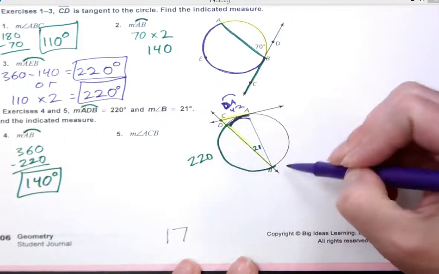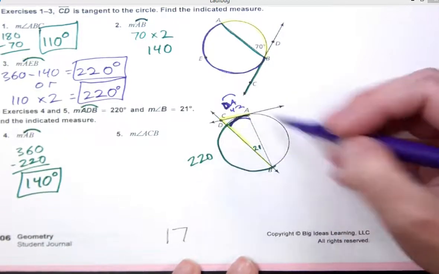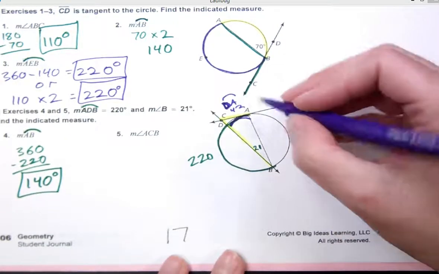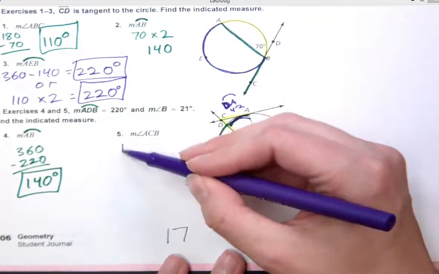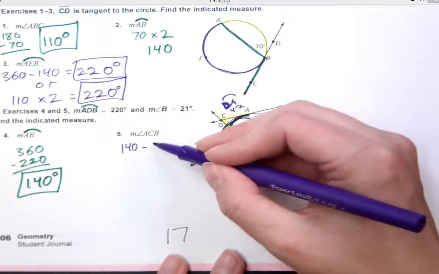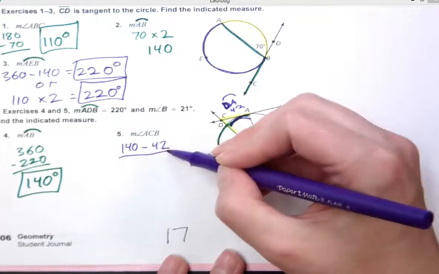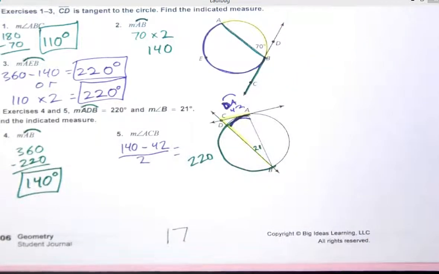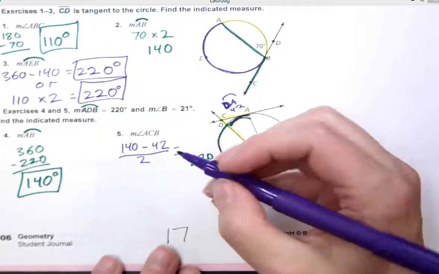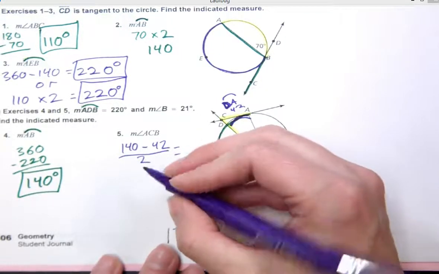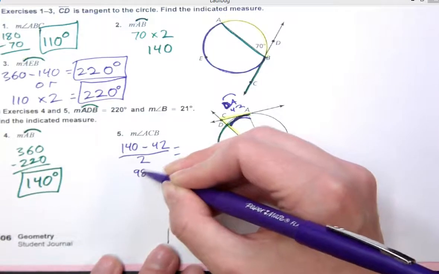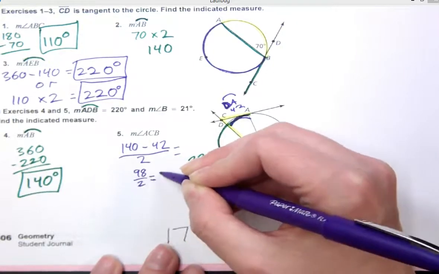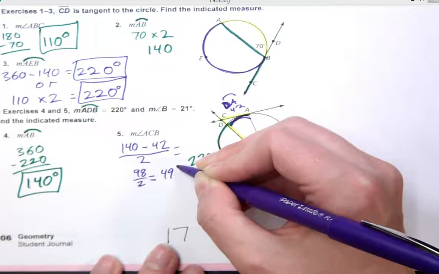If this whole thing is 220, AB we already found is 140, and so we would do our 140 minus 42, and then divide it by 2 would give us the angle ACB. So when you do that math, it should come out to 98 divided by 2, 49.